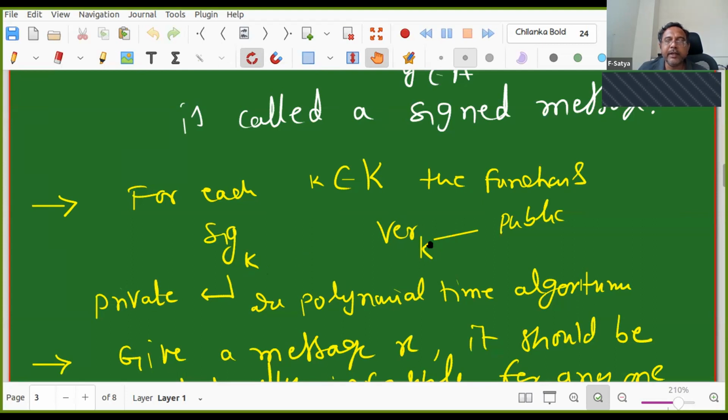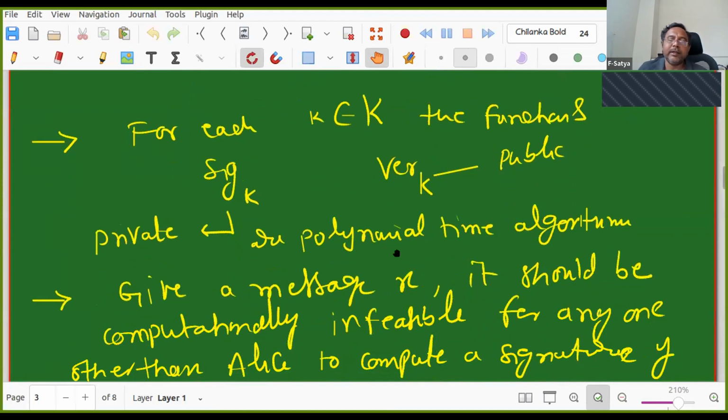So for each K in the key space, we have the signing function and the verification function. Here K is the private key, and here K is the public key. That is a beautiful part. The signing algorithm uses the private key, and the verification algorithm uses the public key. That is why this key is public, and anyone can verify.